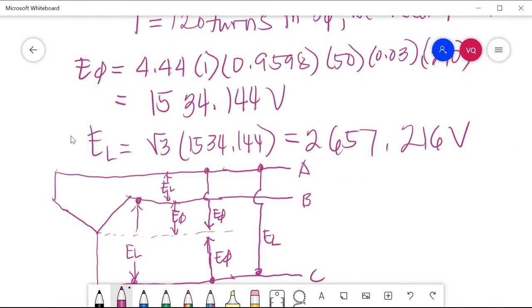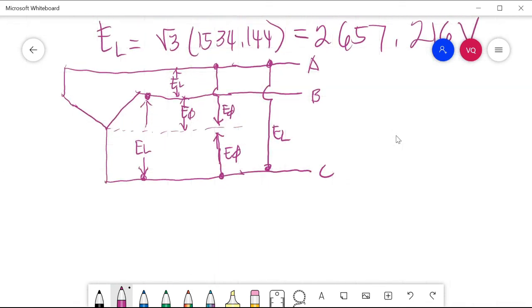Solving for the line voltage of the alternator, we get square root of 3 multiplied by 1534.144, that is equal to 2657.216 volts.